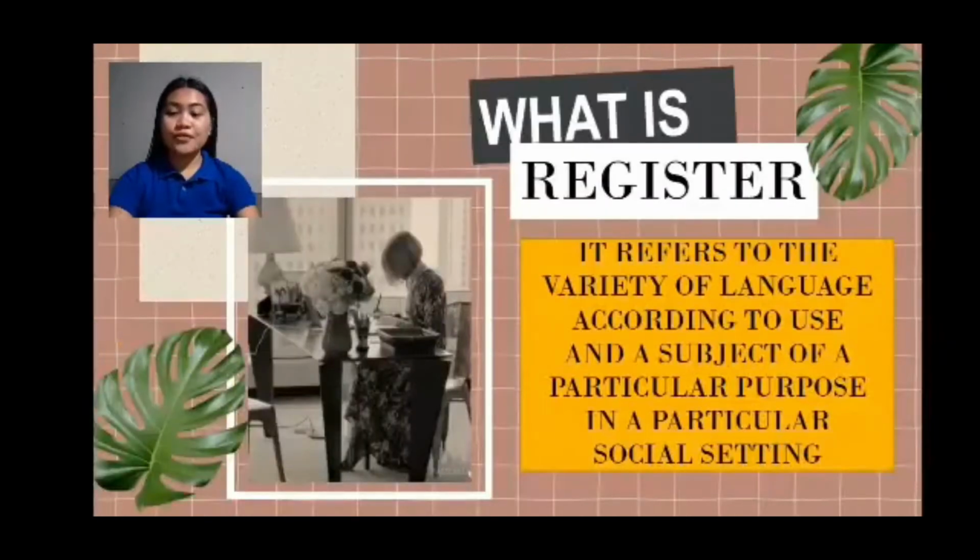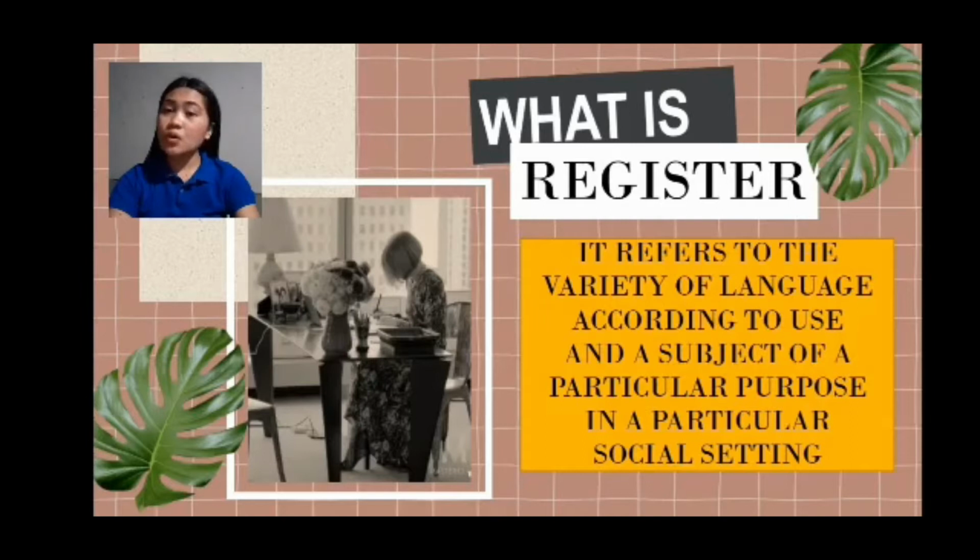So first, the registers. According to Wikipedia Dictionary, register refers to a variety of language according to use and a subset of a language used for a particular purpose in a particular social setting. So register is used in different languages in accordance with the use and the particular purposes and social setting.